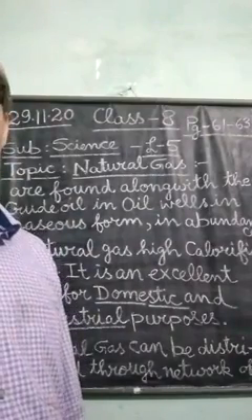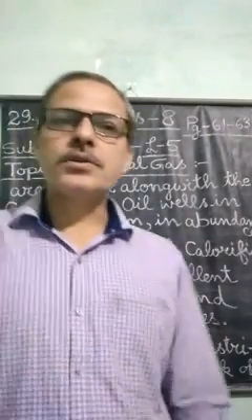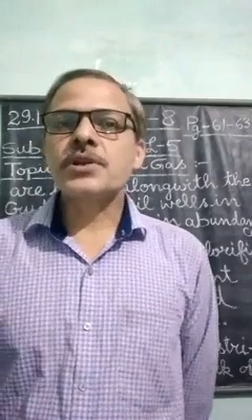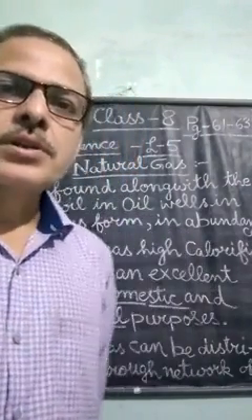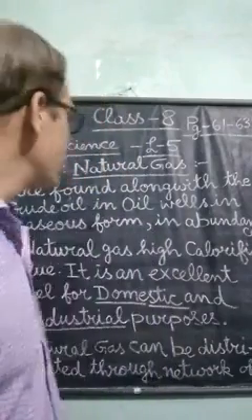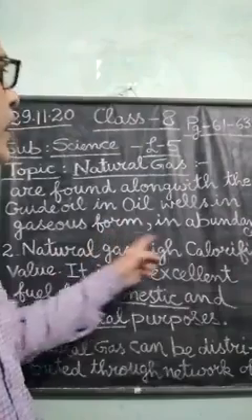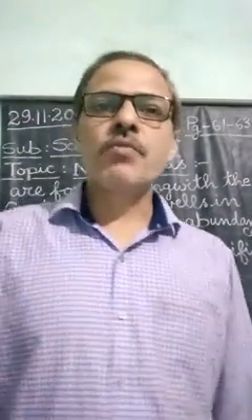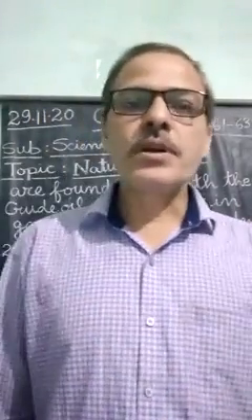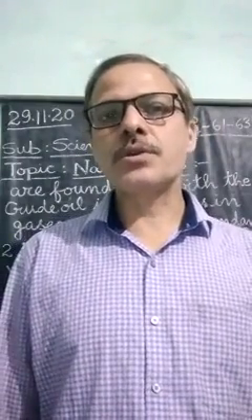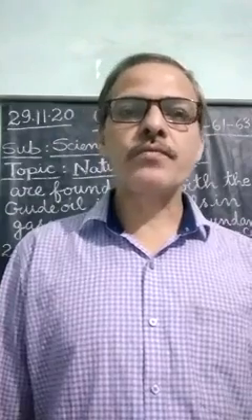The second important point is in which form the natural gas is obtained. The natural gas is obtained in a gaseous form, and it is versatile and found in abundance in nature. Versatile, here students, you should know the meaning of versatile.